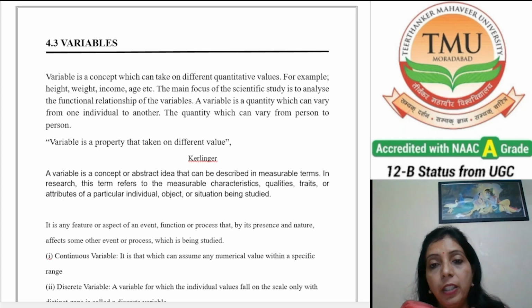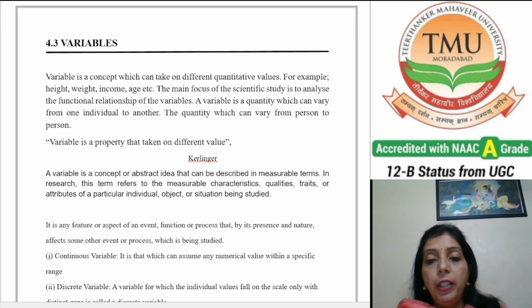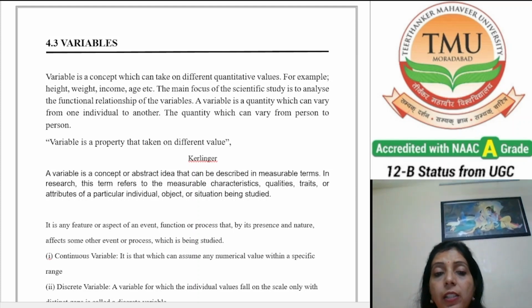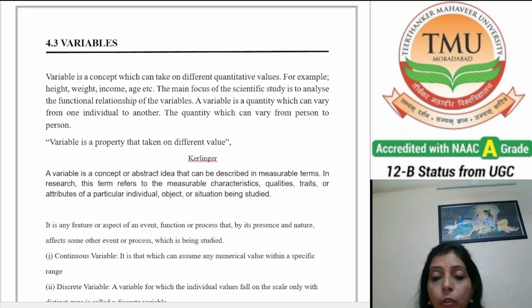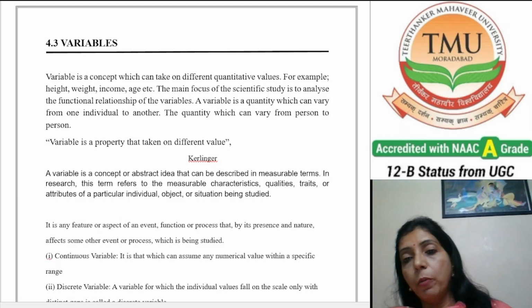So we can study such things, whether the results are the same for both the genders.